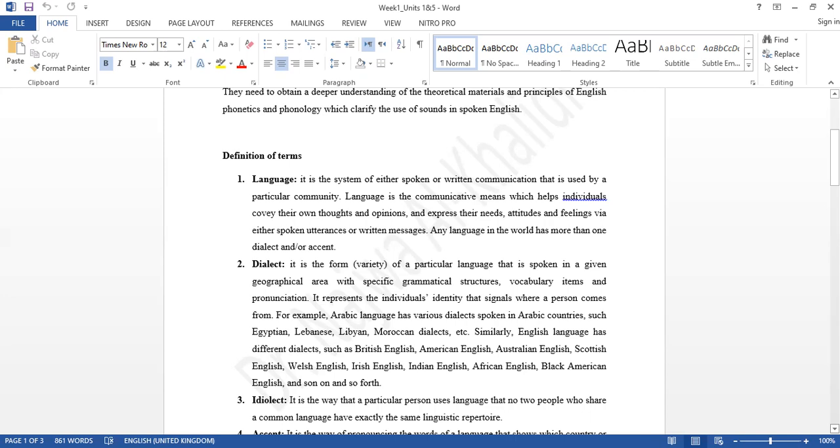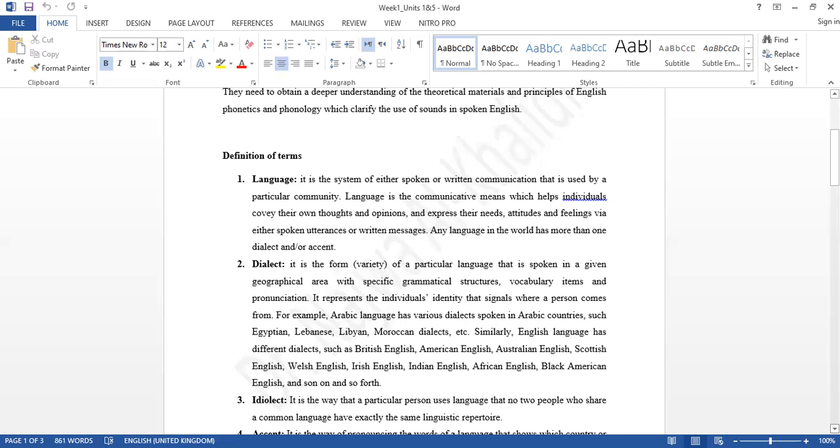We can say different dialects. For example, the American English dialect, the Australian English dialect, the British English dialect. We have the Irish English dialect, Scottish English dialects, and the same is also true of our mother tongue, Arabic. We also have different dialects of the standard Arabic language.